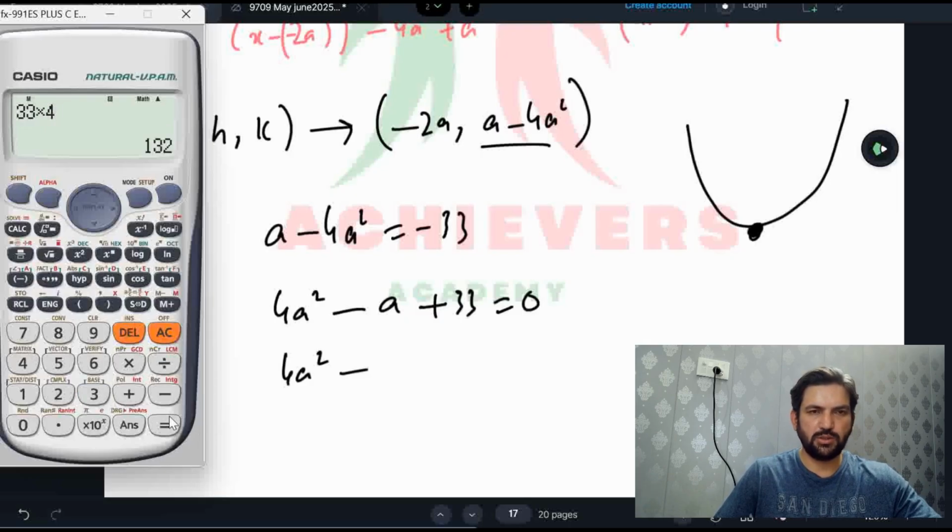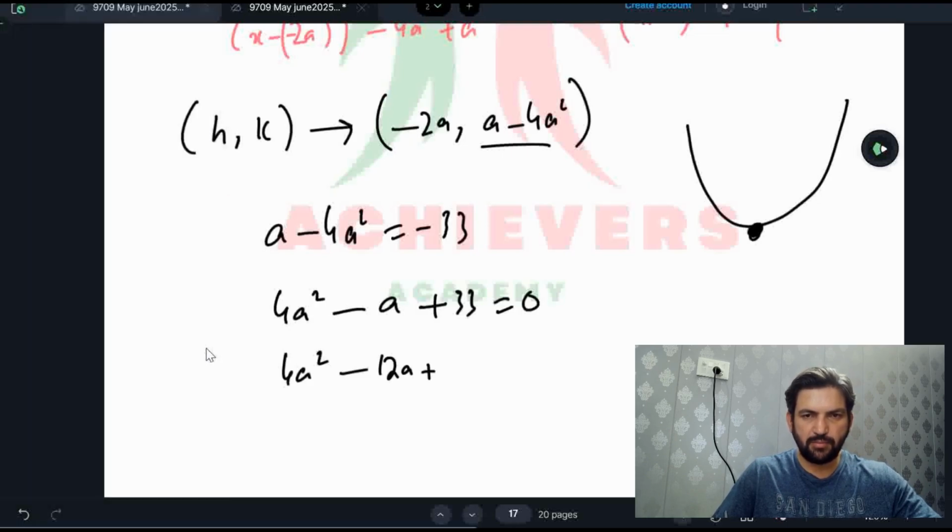So 132 divided by 11 will be 12. Okay, so we can use 11 and 12. So 12a plus 11a plus 33 is equal to 0. But from here we cannot use these two values.